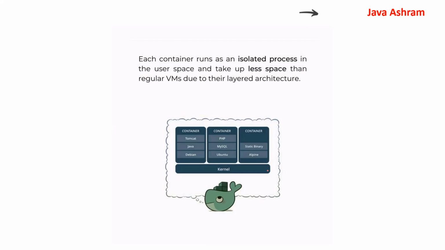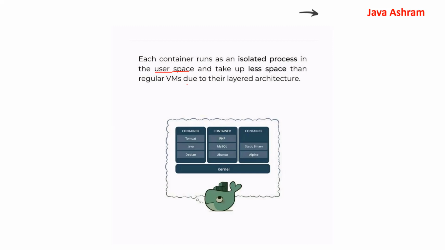Each container runs as an isolated process. Isolated process means what? It will run in a separate thread in the user space area of the operating system. In an operating system, you must have heard about user space, memory space, or virtual space.